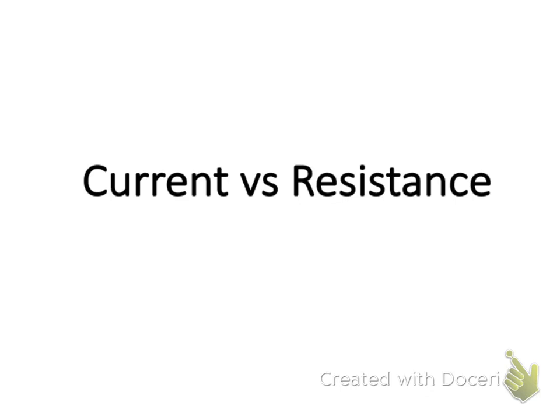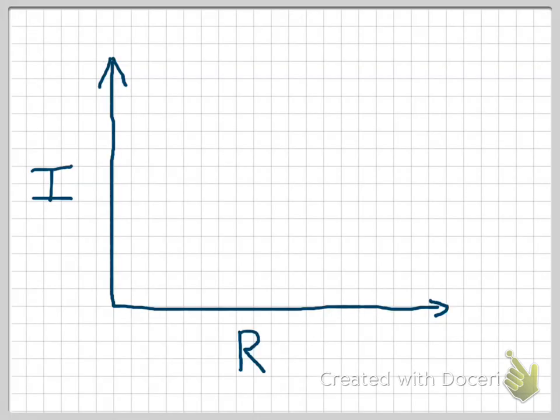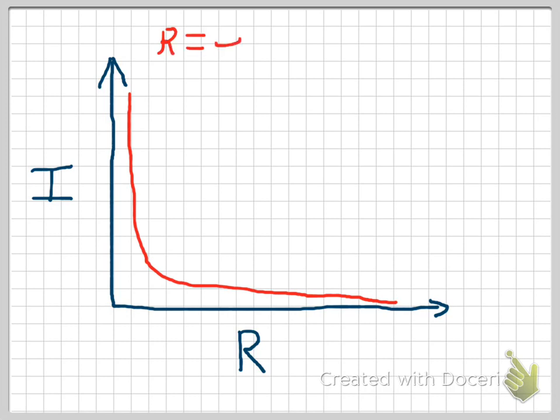Okay, current versus resistance. In this case, we increase the resistance and monitor the current. The current is going to decay down like that. So theoretically, if the resistance is infinity, which is an open circuit, then the current will be 0.